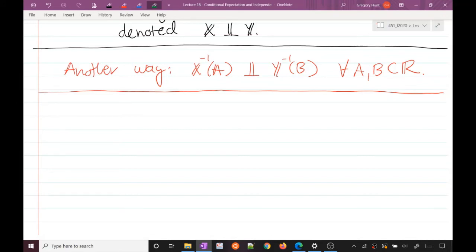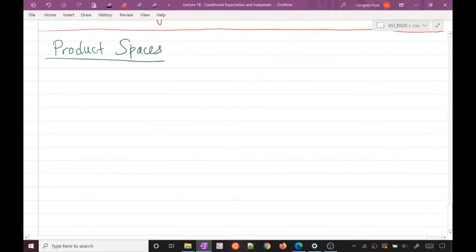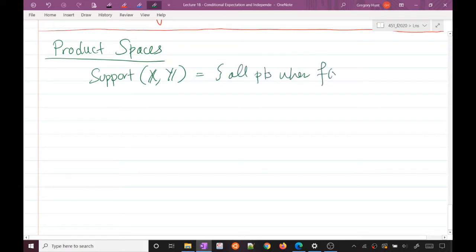And I want to talk about what is often called product spaces. This is a pretty simple concept. The support of, let's say, X and Y is the set of all points where my joint PDF, or joint PMF, is bigger than 0.